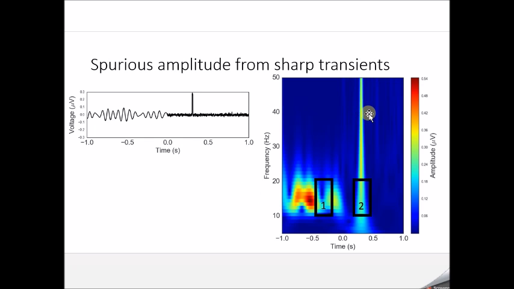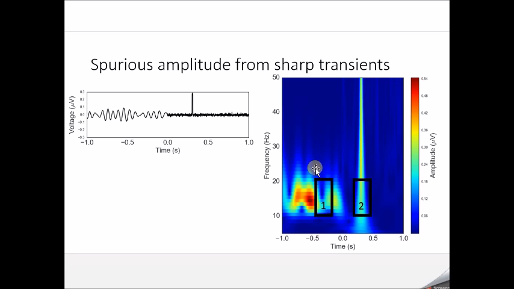So one thing to keep in mind is that you could do this analysis, but have an artifact in the data that could yield confounding results. So in this case, the artifact is just a sharp transient in the voltage at a time point that would yield power in all frequencies.